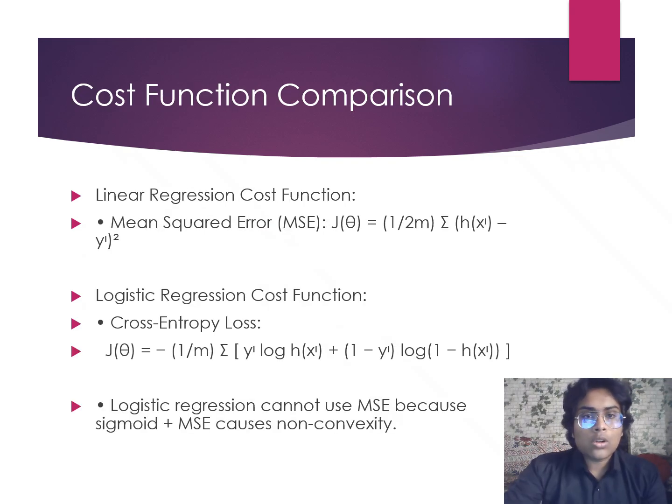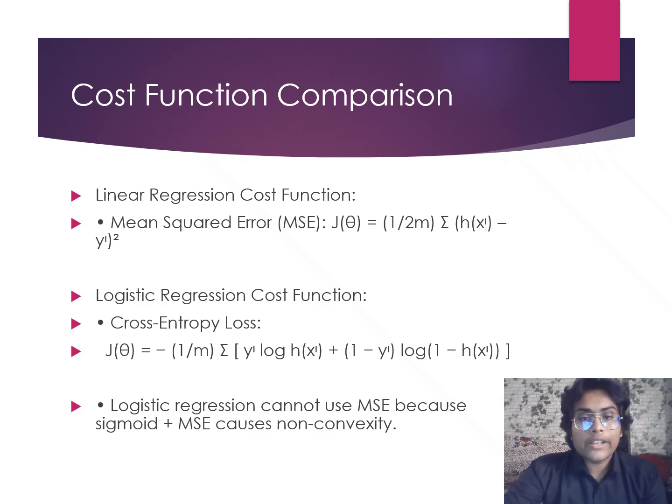So here is the cost function comparison. Linear regression cost function: mean squared error, which we call MSE. So J(theta) is equal to 1 divided by 2m, summation of (h(x^i) minus y^i) whole square.